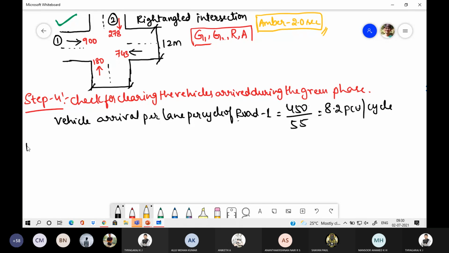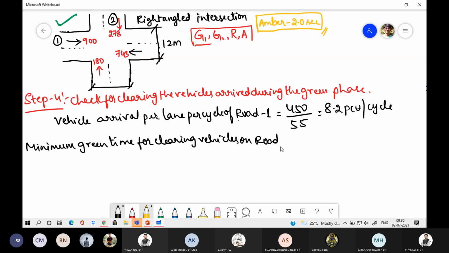Then minimum green time for clearing vehicles on road 1. Okay, this is very important. So 6, this is the standard formula we are going to consider, plus 1 into 2.